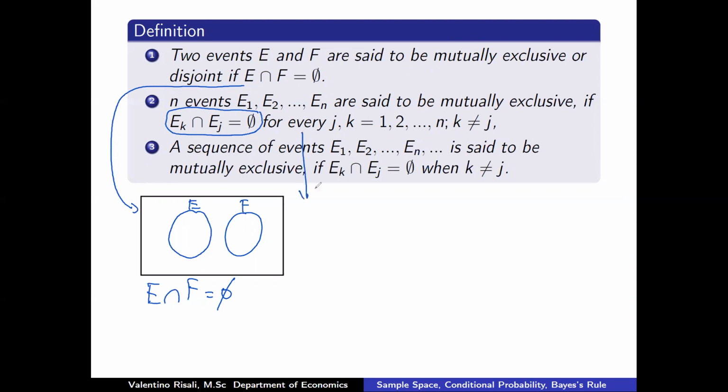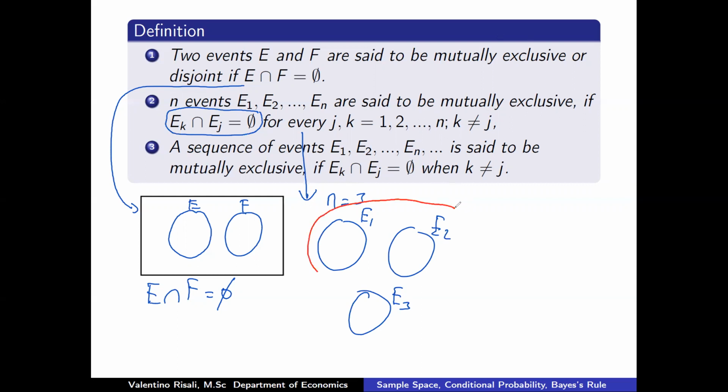For an illustration, if we have n equal to 3, that is, we have three events, E1, E2, and E3, like this illustration, you can check that E1 and E2 are separated, so they are disjoint, or their intersection is empty.